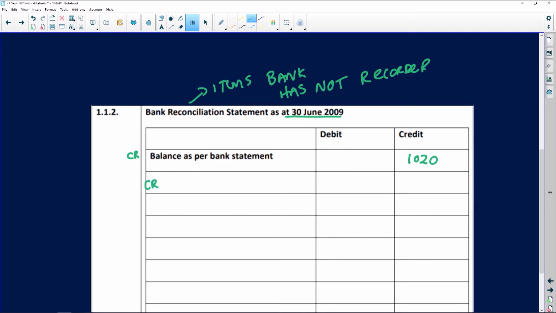So credit, outstanding deposit. And on the credit side, we will show that amount of 2,420. Remember, we're not recording it in our records because it's already in our records.